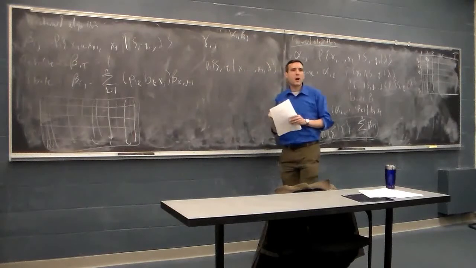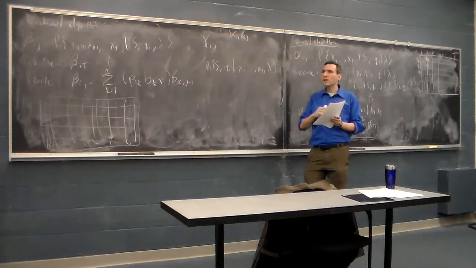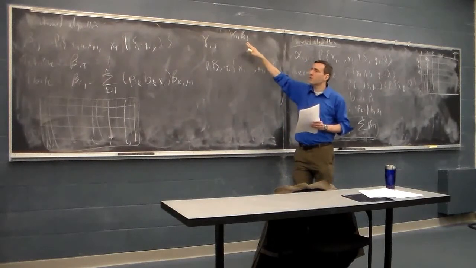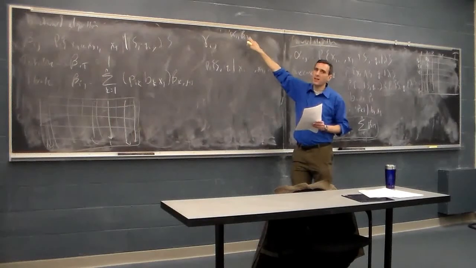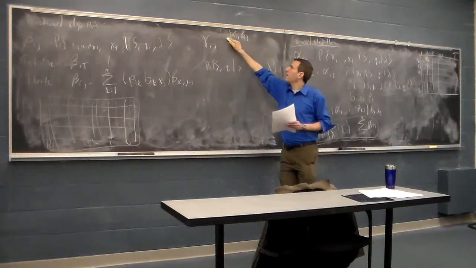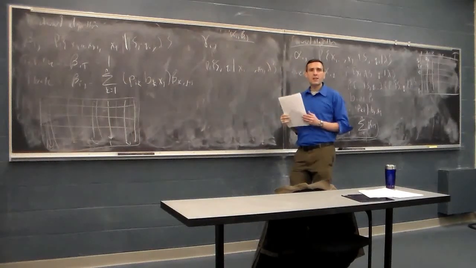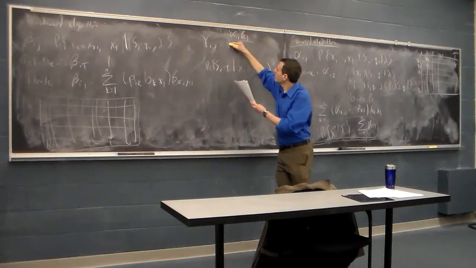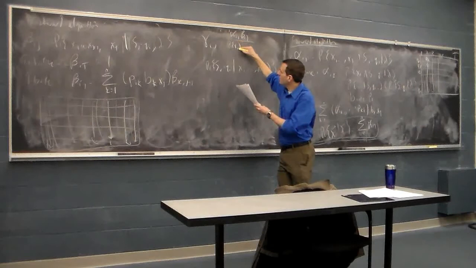So that is the probability of generating the prefix of the first j characters and ending in state i, times the probability of generating the suffix of all the characters after j, starting in state i, and then normalized by the total probability of outputting x given lambda.